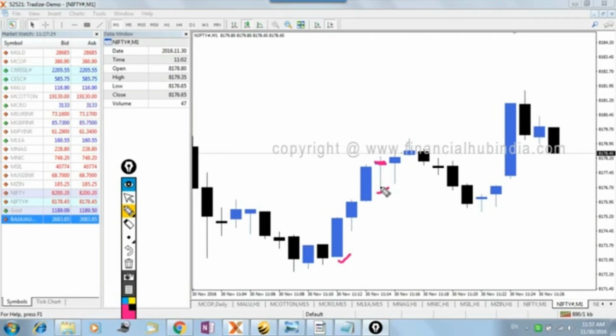Buyers come in and push it up, so it gives you a hint that the sellers are overpowered by the buyers, a hint that the buyers are coming into the market, hopefully. So that is how we get a lot of signals analyzing the candlestick formations.